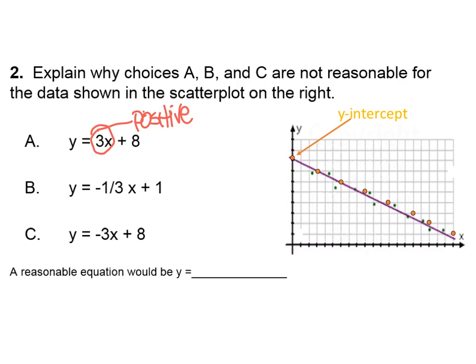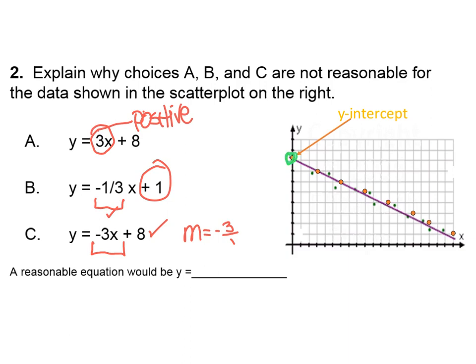So let's take a look at number 2. This is definitely a negative slope, so that's a plus because it's negative. However, the y-intercept is 1, and our y-intercept is 8. So maybe this could be it, the answer. Well, definitely the y-intercept checks out, but let's see about the slope. The slope here is negative 3 over 1. So I'm going to write in, let's go for green.